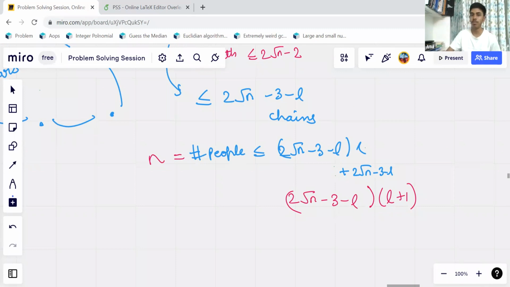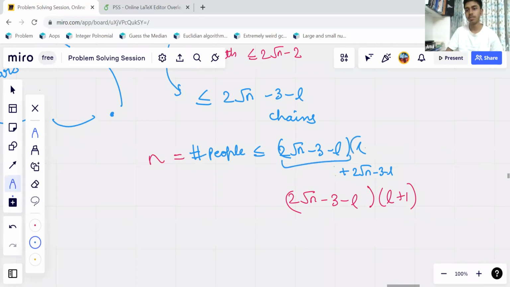But by maximality, every chain has at most L people. So the number of people is at most the number of chains times L, plus those breaking people, which might actually be twice this, but same thing, details.